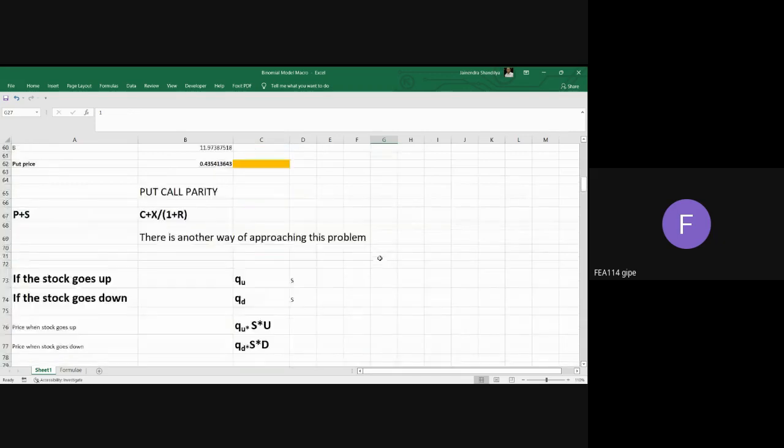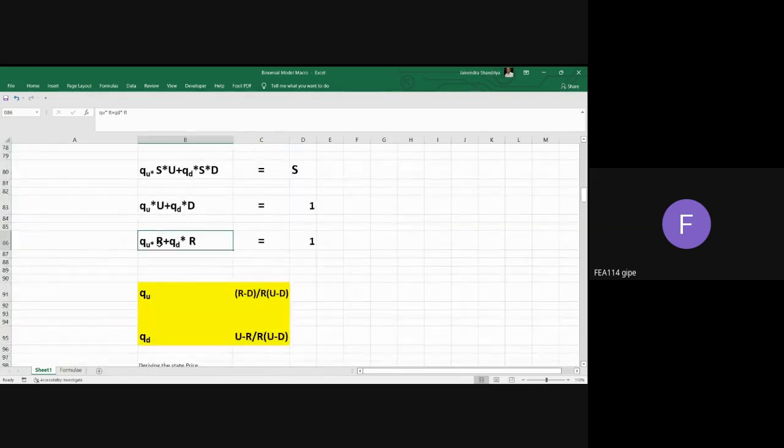So what this equation is telling you is that if I price the bond in the up state at QU and the bond in the down state at QD, and you multiply by R, because it's going to give you a return of 1 plus R, which is actually R in our equation, the sum of this value should be 1. If it is not, then we have not priced it perfectly.